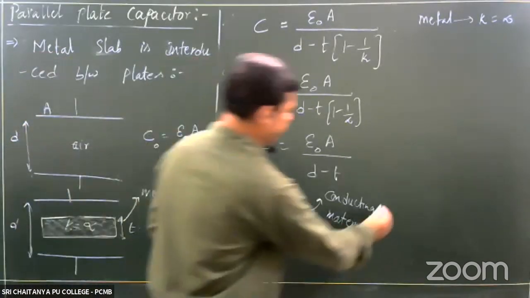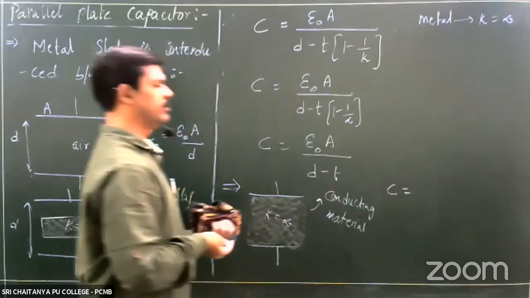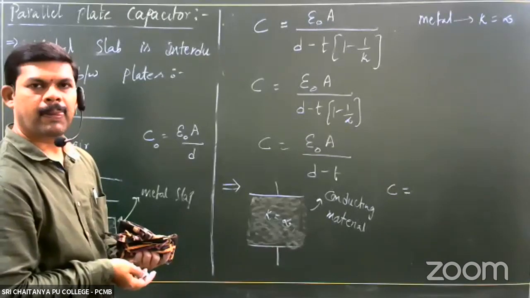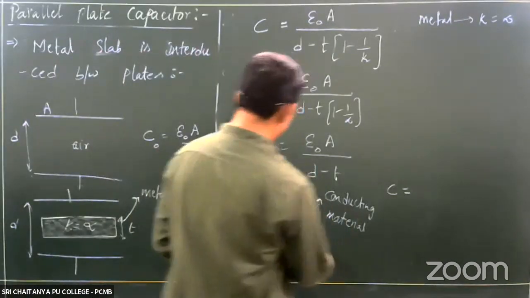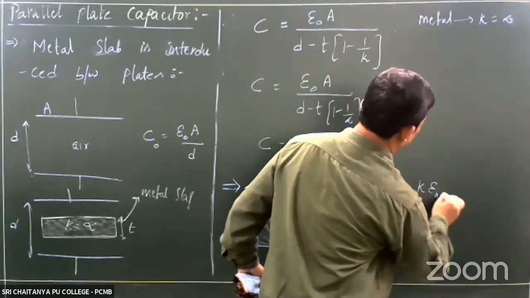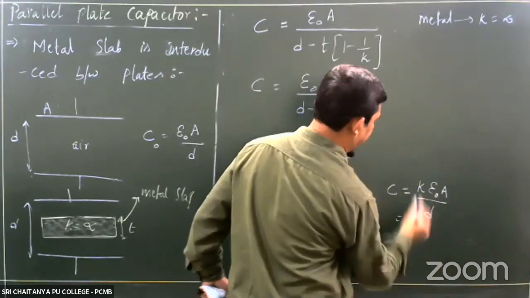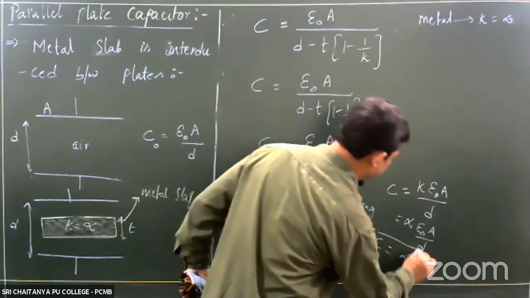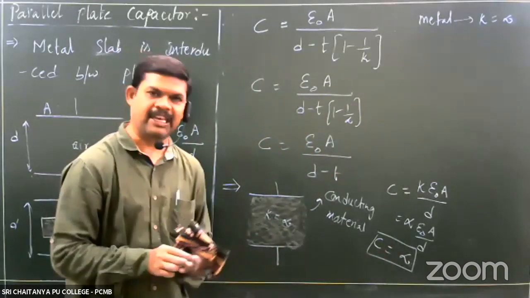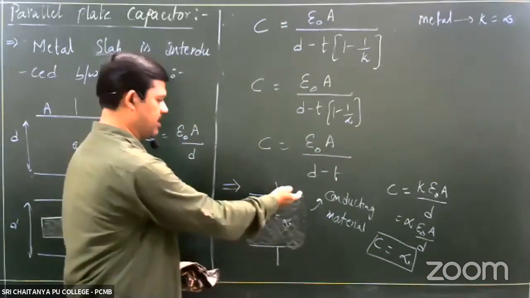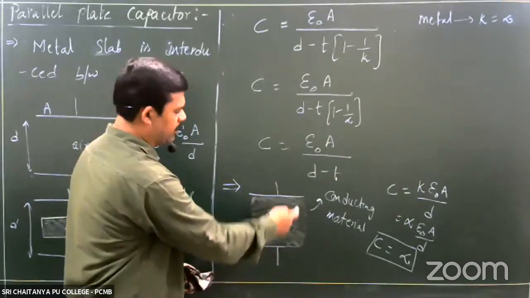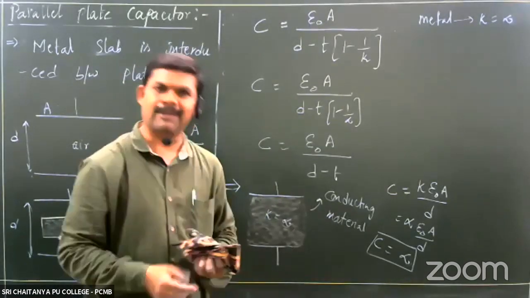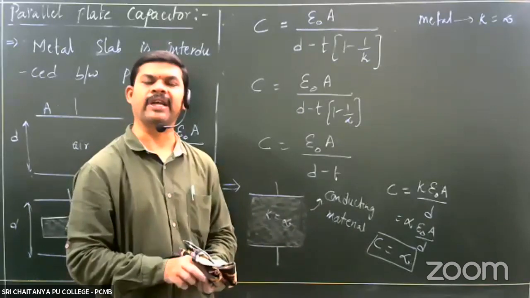Then what is the capacity here? We know for completely filled, it is K epsilon naught A by D. K is infinity, so infinity epsilon naught A by D. Capacity becomes infinite. It no longer acts like a capacitor, it behaves like a conductor. This is a metal plate, this is a metal plate, this is the metal introduced between. It is no longer a capacitor, it is a conductor. Infinite capacity.